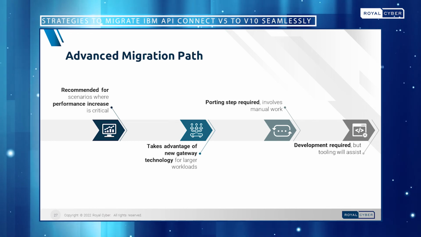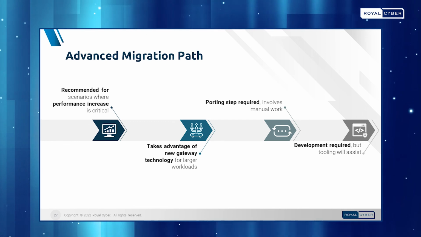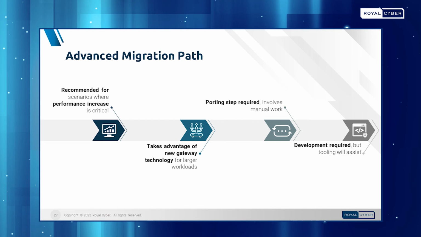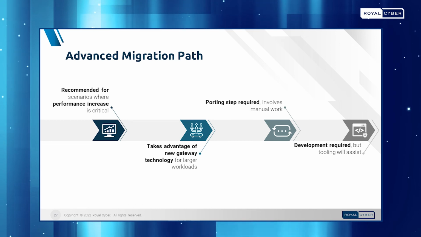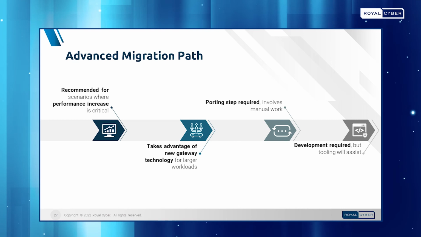So this requires an additional step. What you need to do here is convert your assembly from V5 compatible to API gateway. And this is what we are going to look at in the next step, how this can be done.